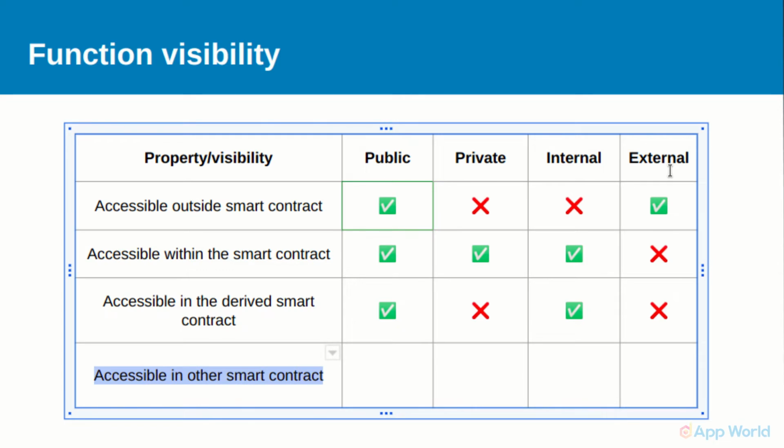If one smart contract is already declared, and now for our own custom smart contract, which is not the child contract of the previously declared contract, we want to access some of the functions in that smart contract, then which functions are accessible? The functions that are declared as public and external can be accessed, whereas the internal and private cannot be. So now let's understand this with an example.